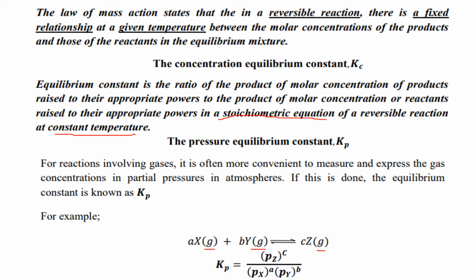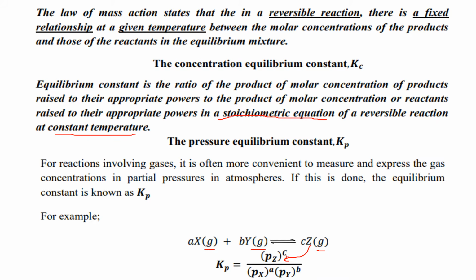You get the products raised to their stoichiometric powers. The stoichiometric power on our product Z was C. But here we didn't use molar concentration brackets. We used curved brackets because pressure cannot be in molar concentration. So when you're using partial pressures, always avoid square brackets. But when you're finding Kc, you're going to strictly use square brackets in your formula.